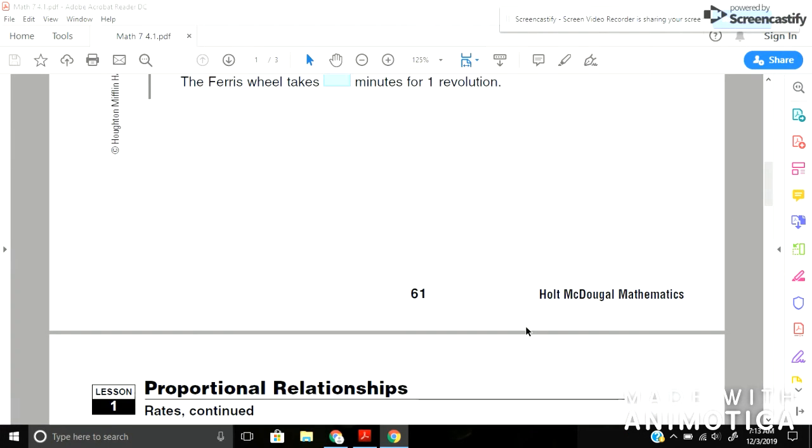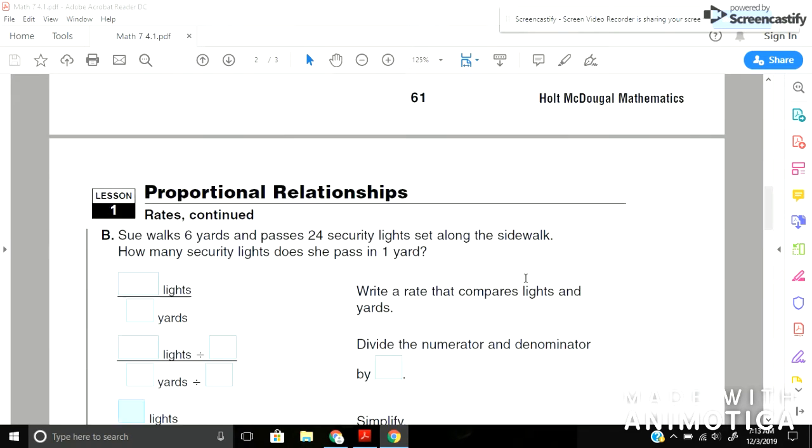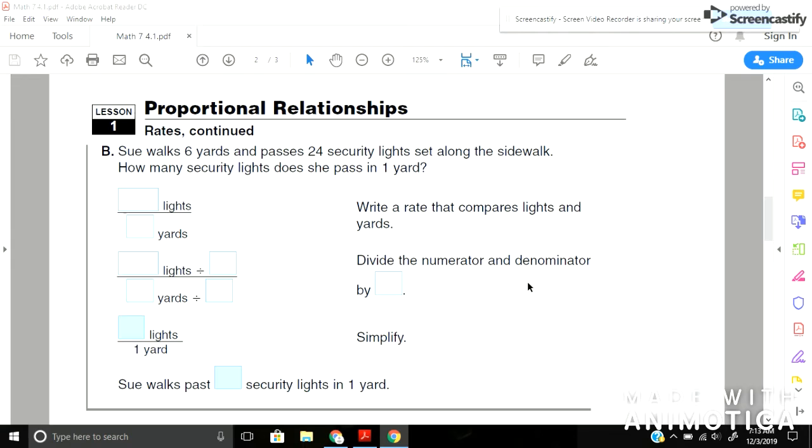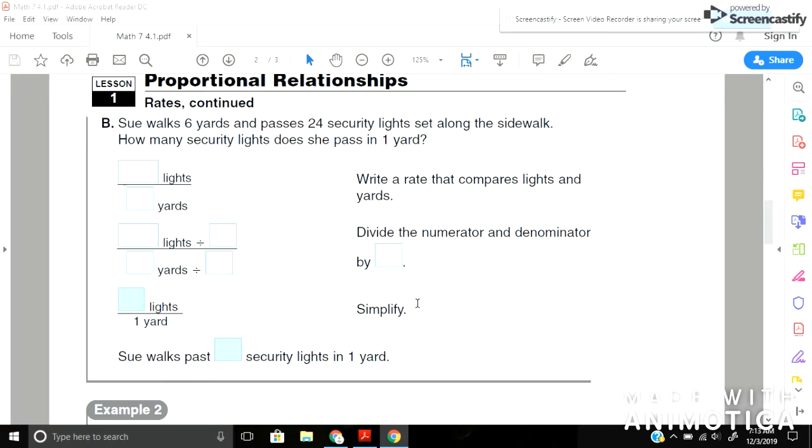All right, go ahead and flip to the next page for letter B. It says Sue walks 6 yards and passes 24 security lights set along the sidewalk. How many security lights does she pass in 1 yard? Okay.